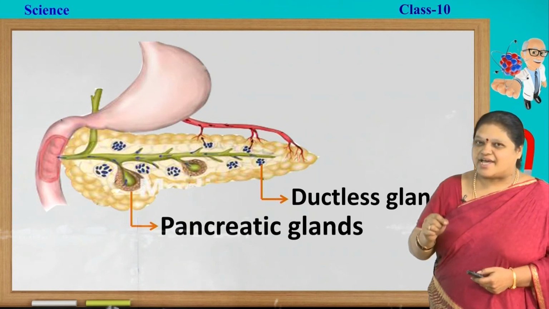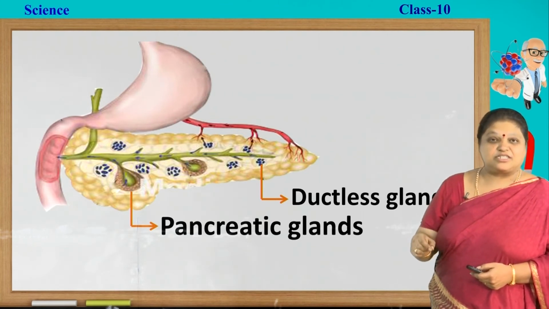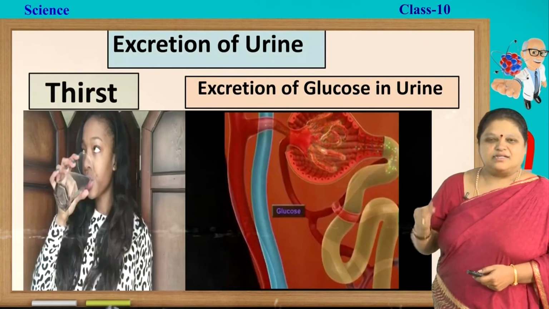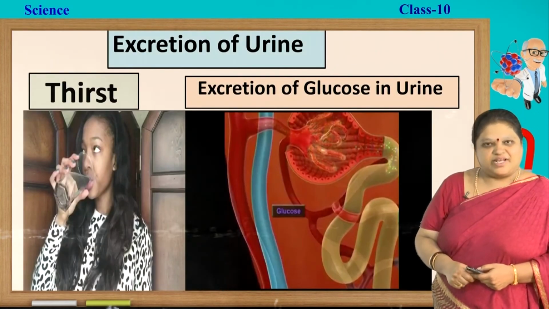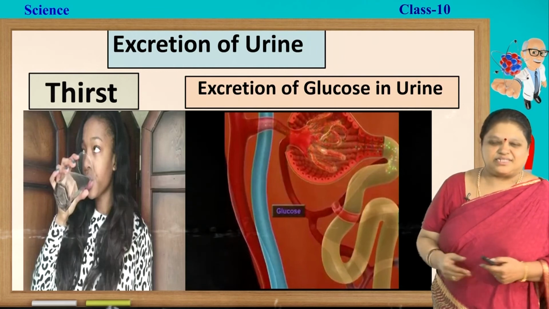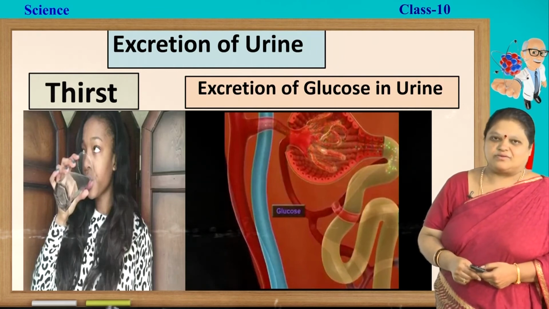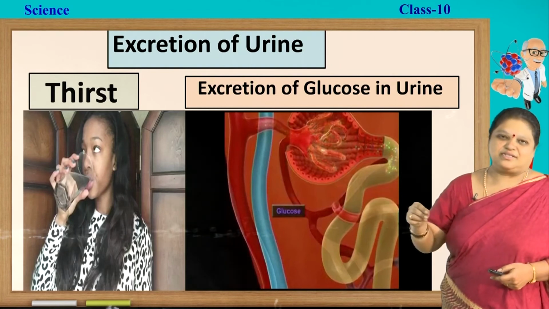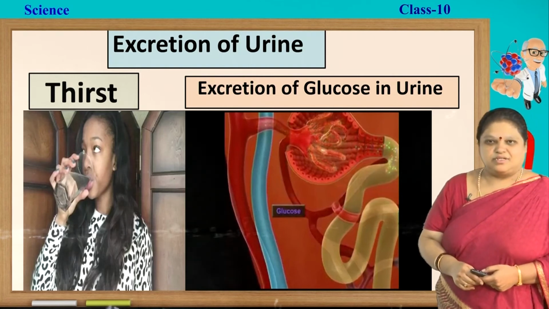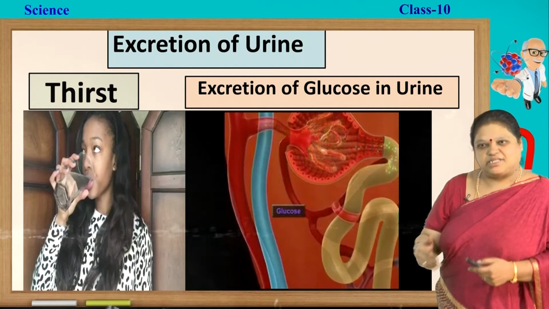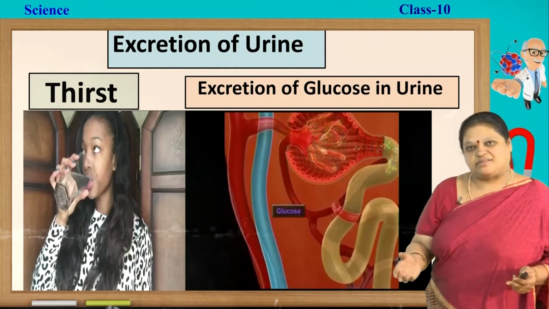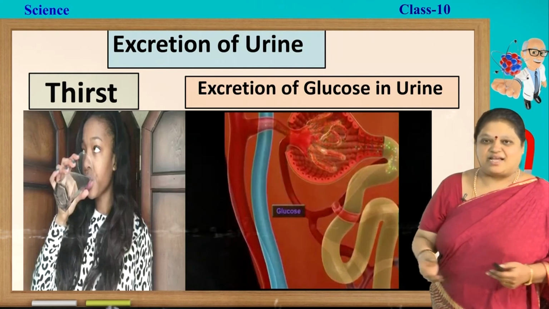If there is variation in the secretion of insulin, if it is not secreted properly, the person will have a problem called diabetes mellitus, and what happens is there is glucose in his urine. So, during the excretion of urine you find glucose in it, that is why it is called sugar disease, diabetes.